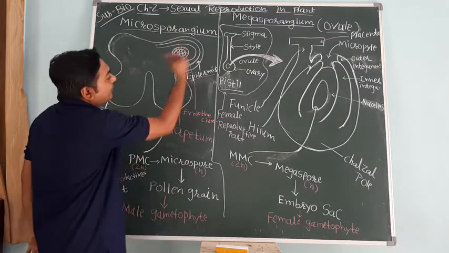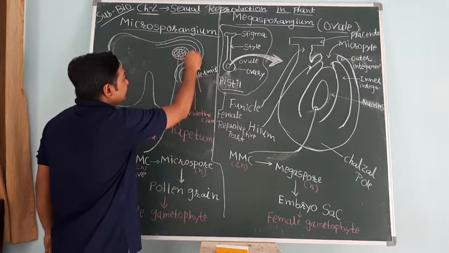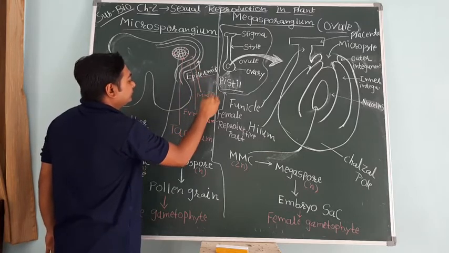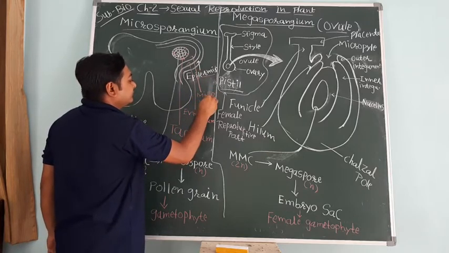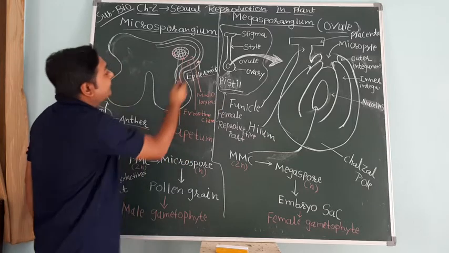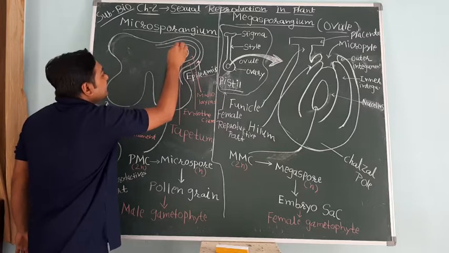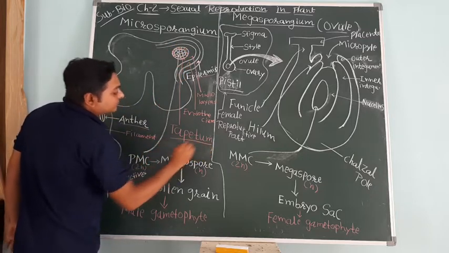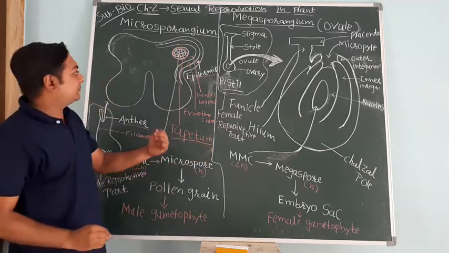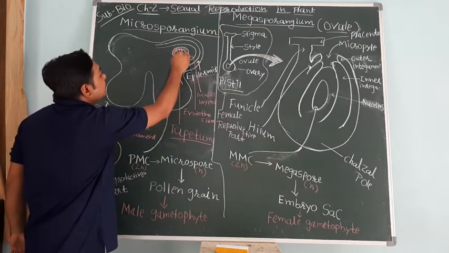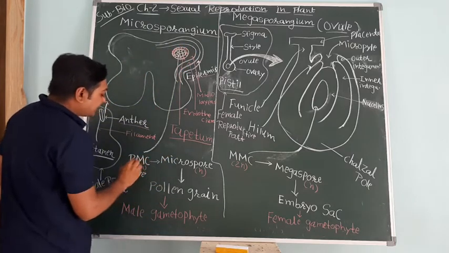And inside the middle layers is the fourth layer, called the tapetum. Inside the tapetum there is sporogenous tissue, which consists of pollen mother cells.